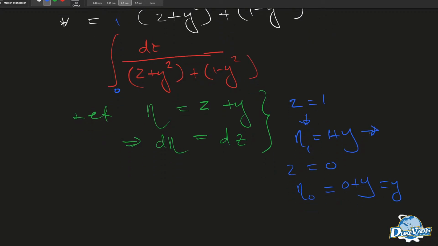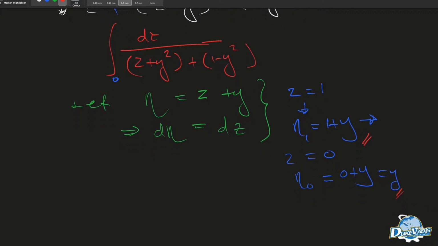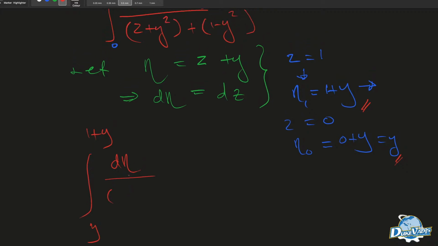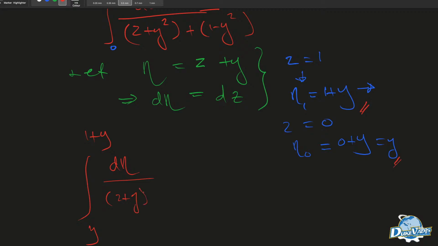So our limits have changed to 1 plus y and y. When we put the limit back into the integral, the z is no more. We are going to get the integral of dxi from y to 1 plus y, all over xi squared plus 1 minus y squared.